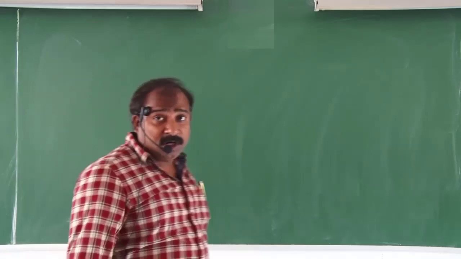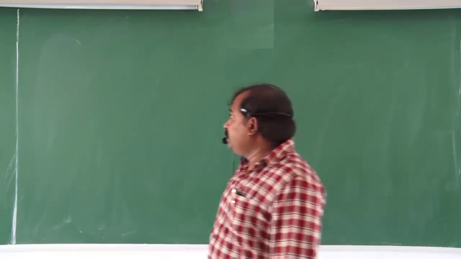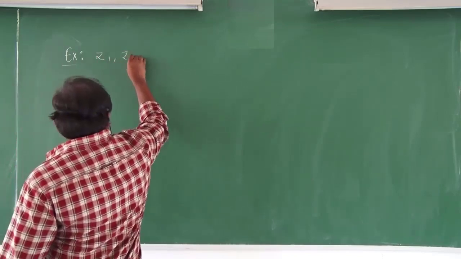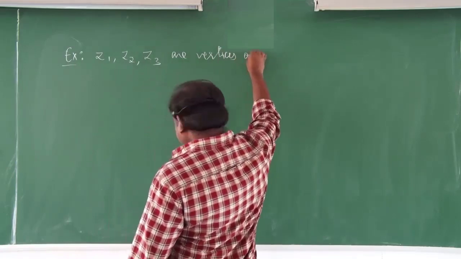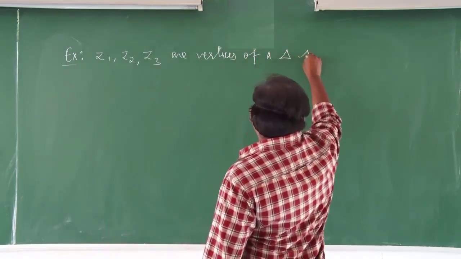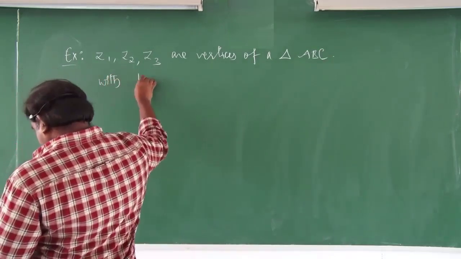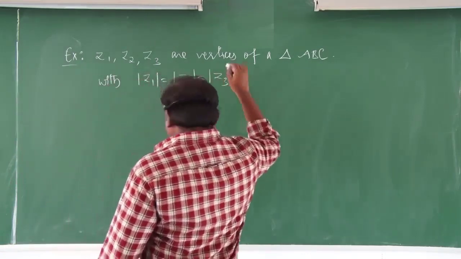Next, one example is given here, based on the modulus concept, a trigonometric-geometrical application. The example is: z1, z2, z3 are vertices of a triangle ABC, with modulus of z1 equal to modulus of z2 equal to modulus of z3.